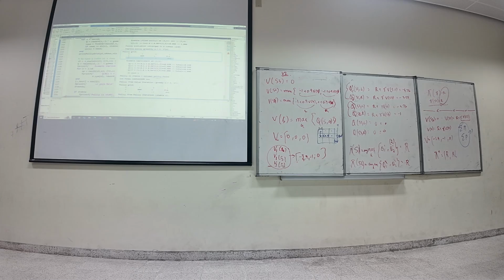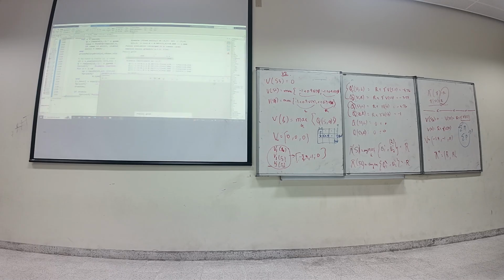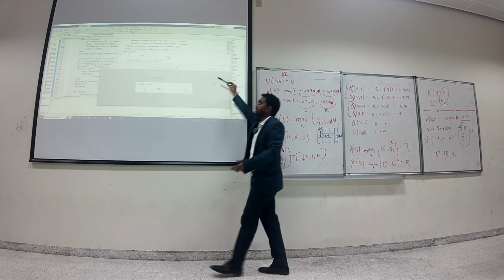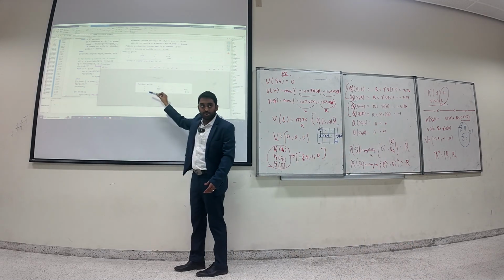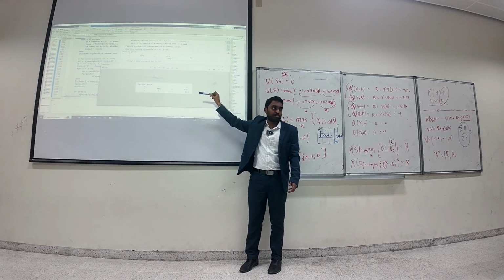Just let me show you this image. The one above is your policy iteration based optimal policy. The one below here, value iteration based optimal policy.